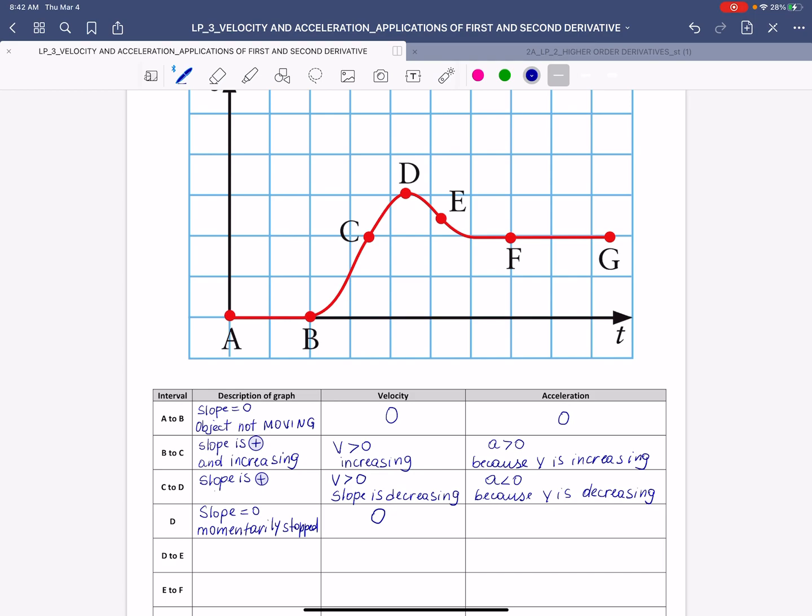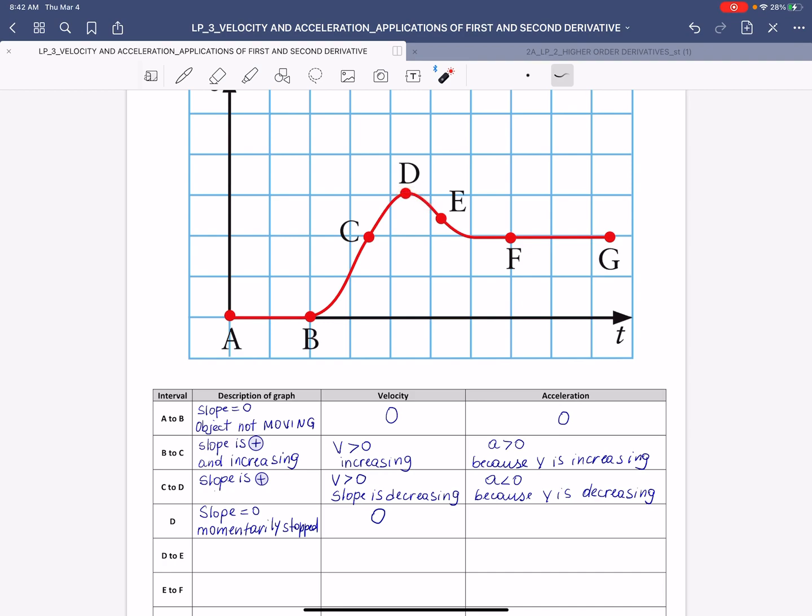At the point D, even though the position is not changing, which makes the velocity 0, we still say that the velocity is continuing to follow the same pattern as it had before. So the pattern that it had before is a decreasing pattern of velocity because the slope continues to decrease in here.